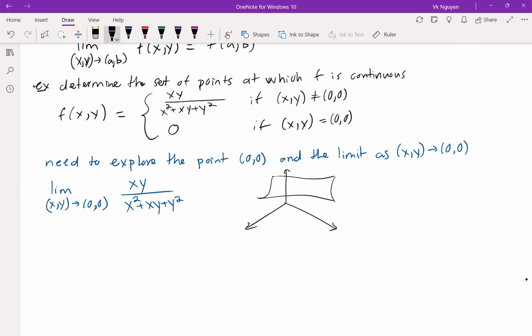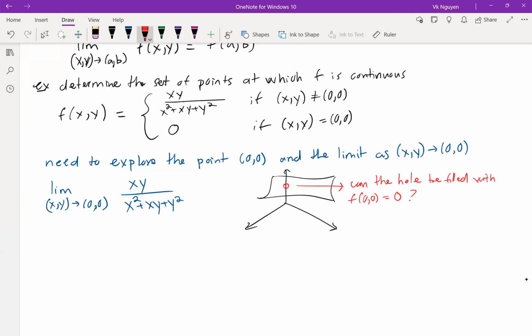Let's see. Does f(0, 0) equal 0? Can it?